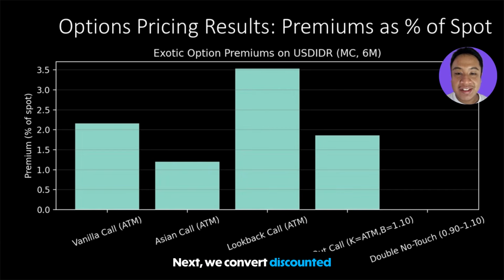Next, we convert discounted payoffs into option premiums. Each bar here is the Monte Carlo price as a percentage of spot per 1 USD notional. The look-back call is the most expensive. It gives you best of the path, so of course the premium is high. The Asian call is cheaper than the vanilla because averaging reduces volatility. The up and out is cheaper again.